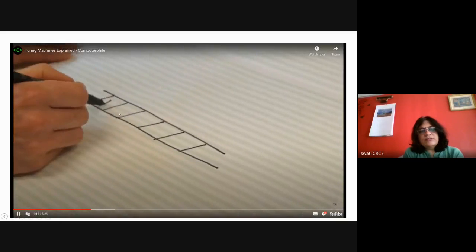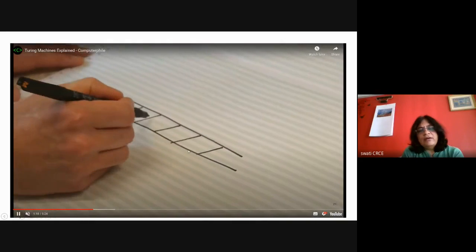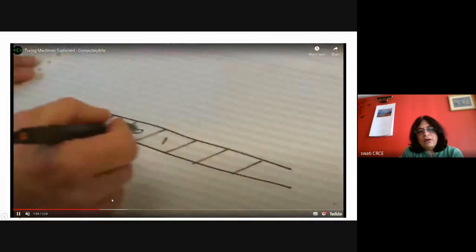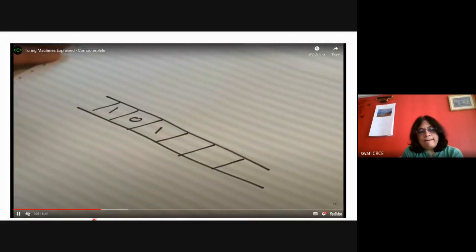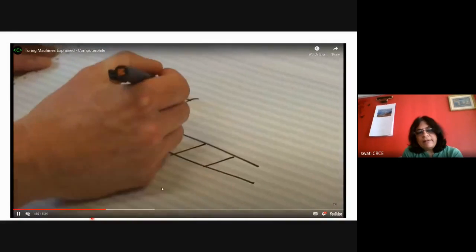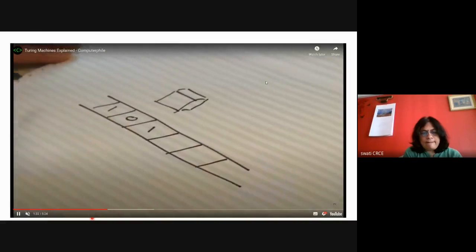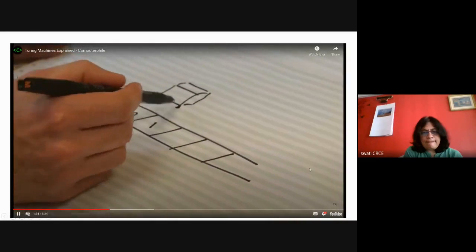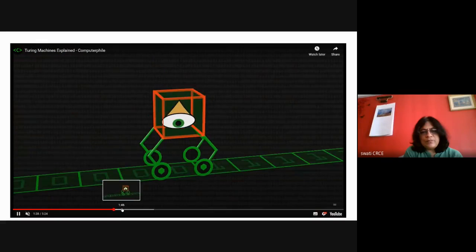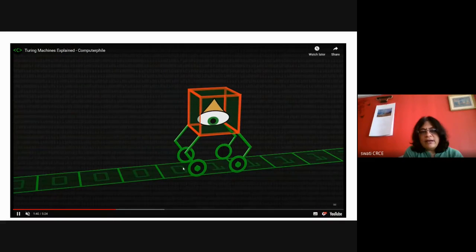This is an input tape where we write 101 or something like that, and this is a read and write head. After reading zero, it is going to write, and here it is ready to read the next symbol, that is one.